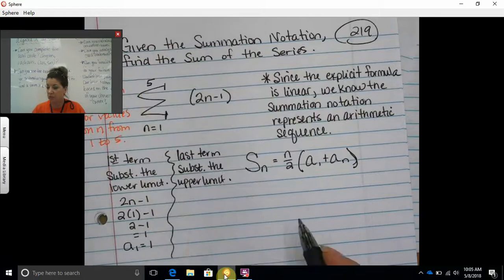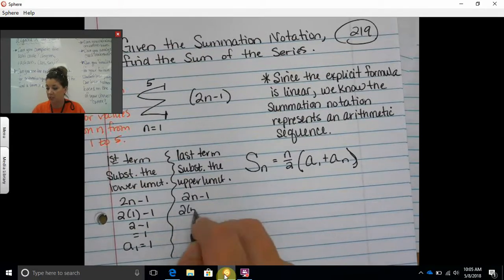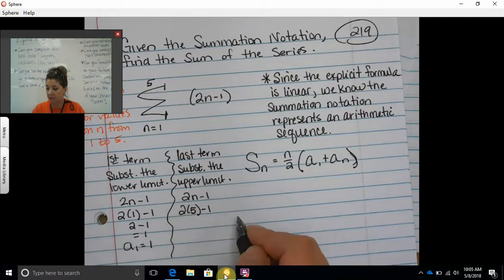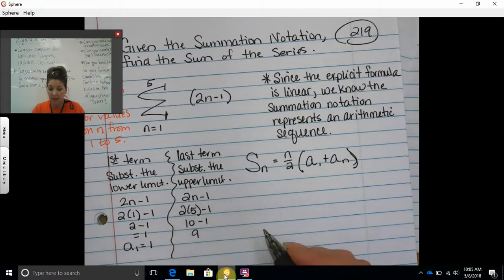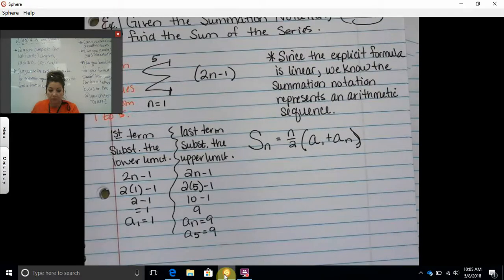That's the fifth term. So for 2n minus 1, that will be 2 times 5 minus 1. 10 minus 1 is 9. So my last term, my a sub n is 9, or technically that would be my a sub 5 is 9, right? A sub n is talking about the last term. In this case, that is the fifth term.